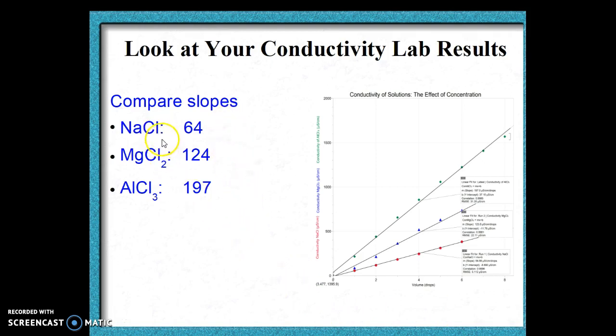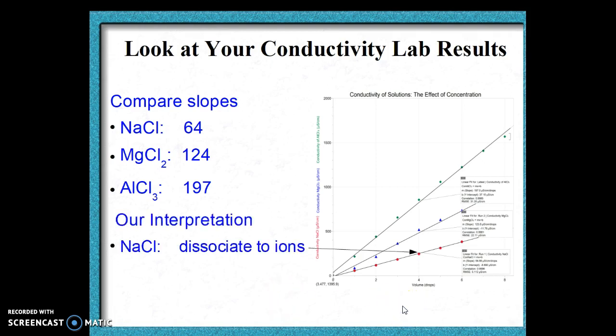And as the number of chlorines increases, you would note that the slope of the line increases. And so the conductivity goes up faster with the ones that have a larger number of chlorines. Our interpretation of that is that the sodium chloride dissociates to charged particles called ions that enable the water to conduct electricity, and the more salt you add, the more ions there are, the higher the conductivity.